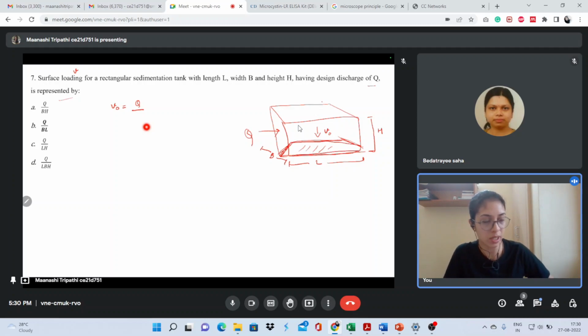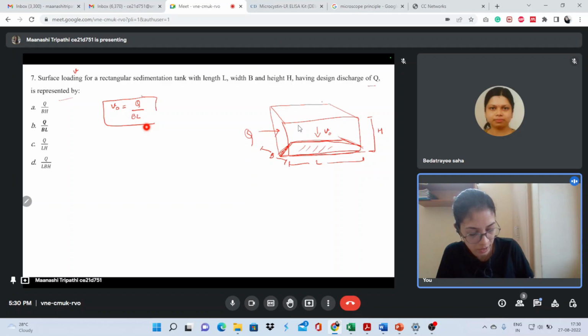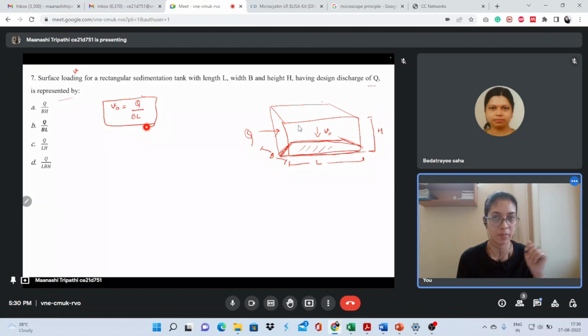Because velocity direction is downward, we will take only these two dimensions, B and L. In case of settling velocity, we do not take care of the depth. Depth is not an important factor in this case. So your answer is B, Q upon BL.